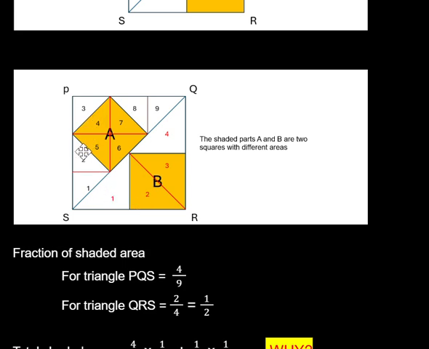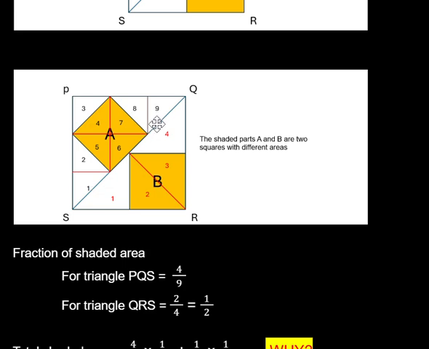For shaded part A, under the PQS side, this upper triangle, you notice that I cannot simply draw a diagonal line here because it doesn't give me anything. But if I cut it into smaller pieces, I notice that 2 and 5 are of the same size because this is a square. 3 and 4 are the same size because this is a square. 7 and 8 are the same size, it's a square, and so on.